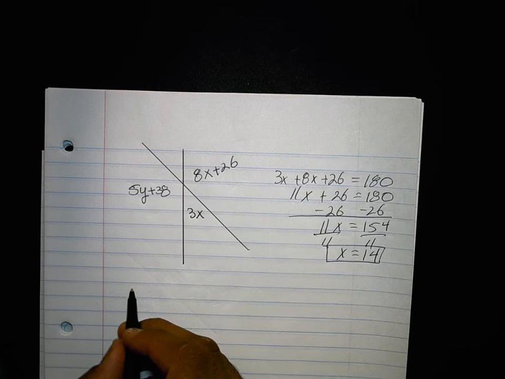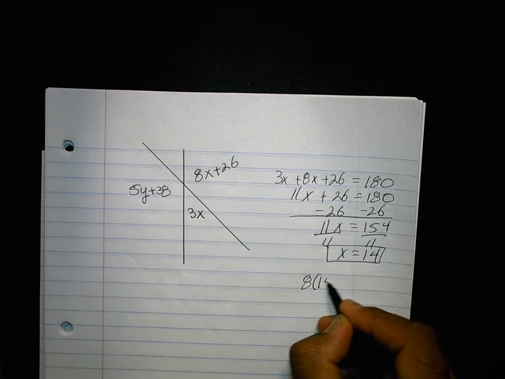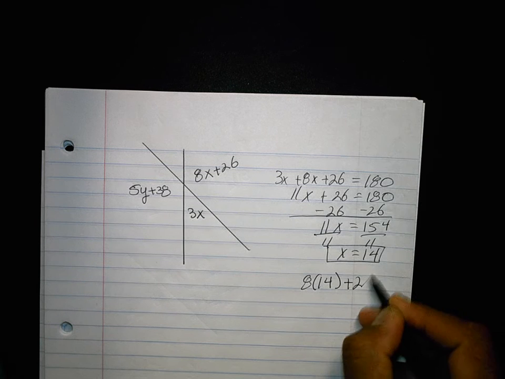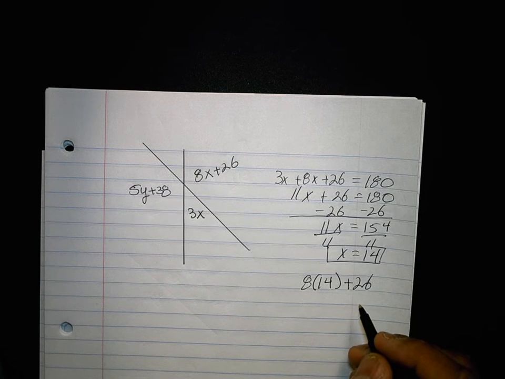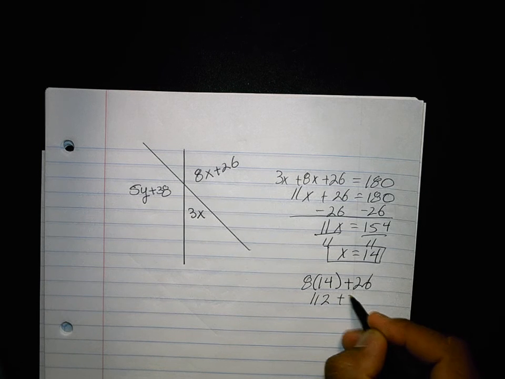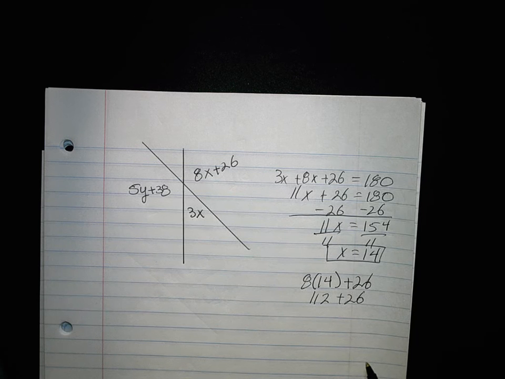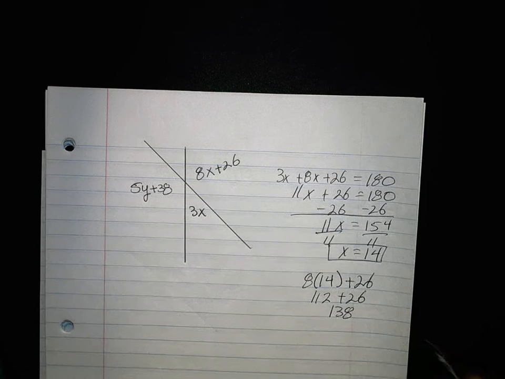It depends how I set up my next part. So I'm going to do that over here and say 8 times 14 plus 26, which is 112 plus 26. That gives me 138.